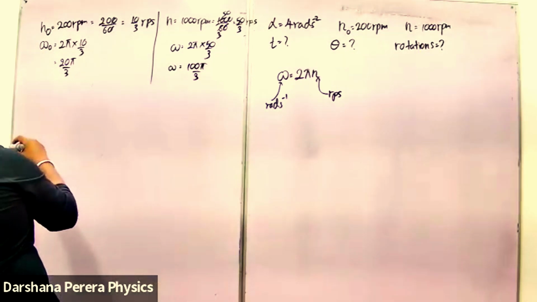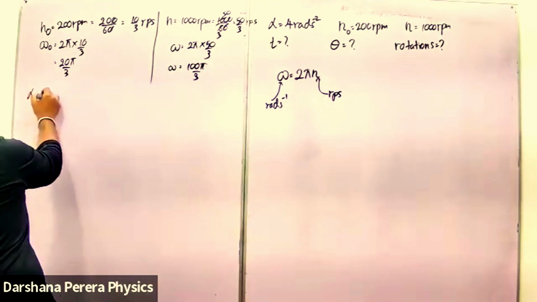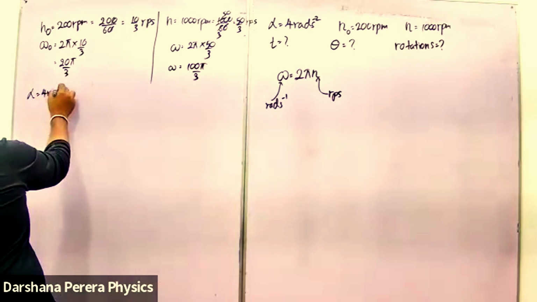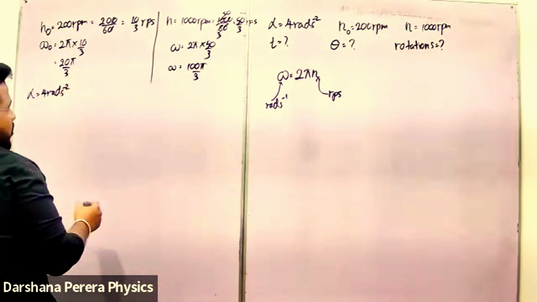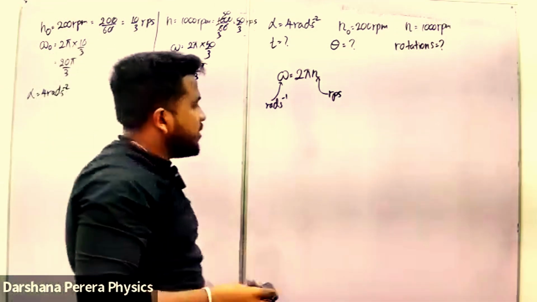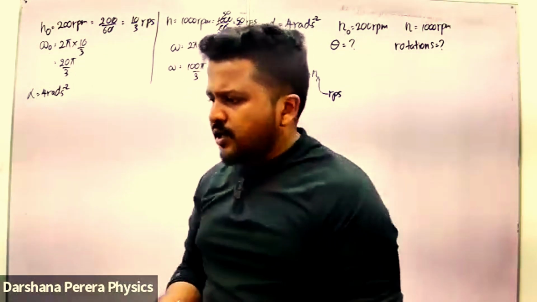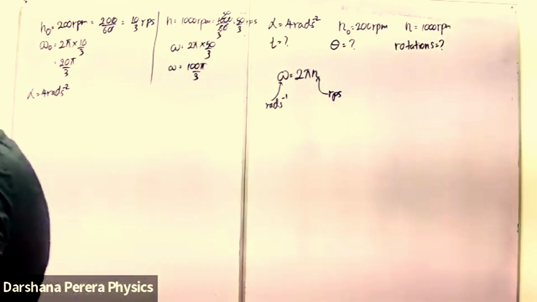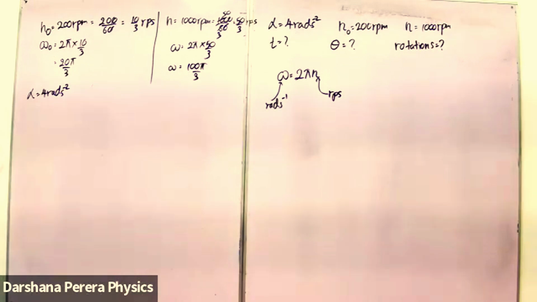Then alpha is given as 4 rad s⁻². Therefore we can find the rotations.